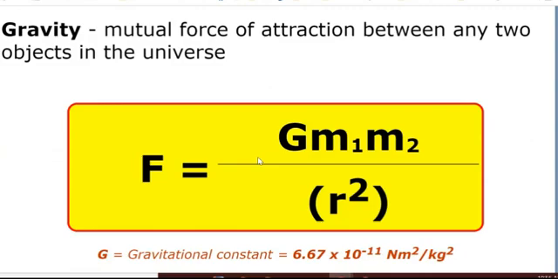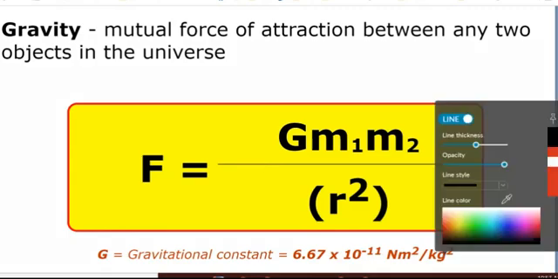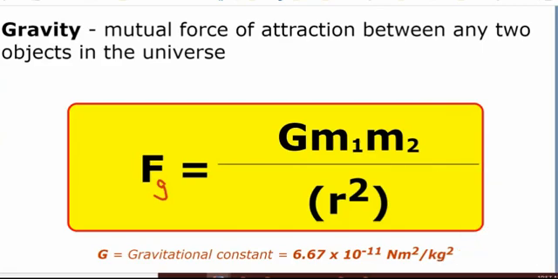Now here is the equation for gravity. Force of gravity, F sub G, depends upon all these things. I wonder what these two things are. I bet you know. M1 and M2, what does M stand for? Mass. The mass of both bodies.